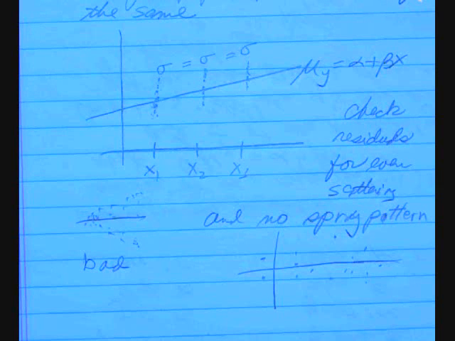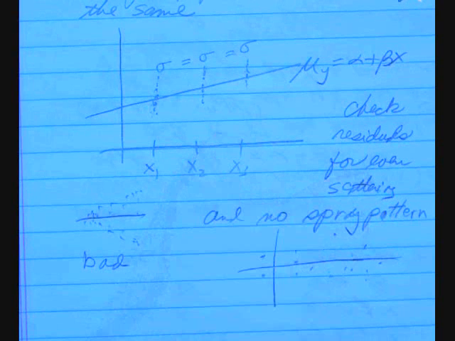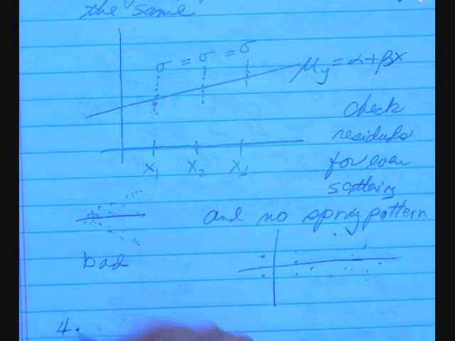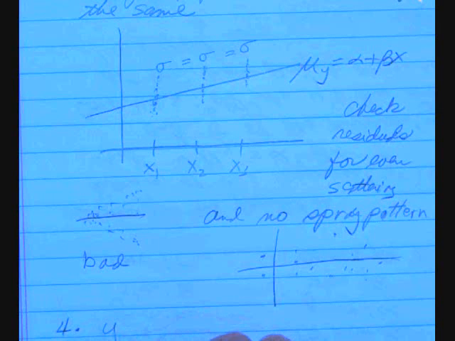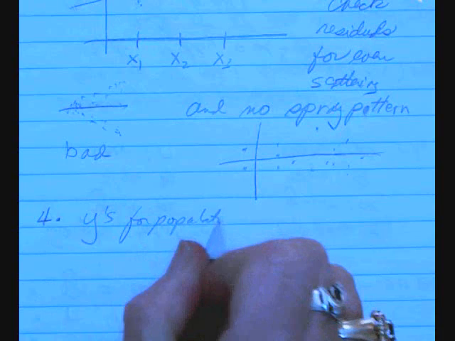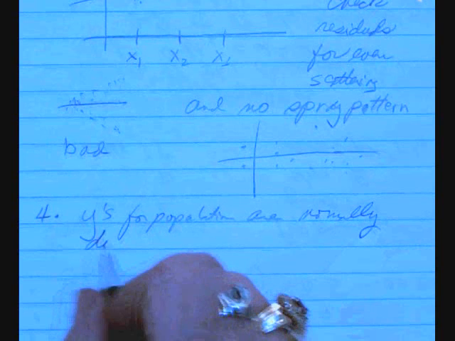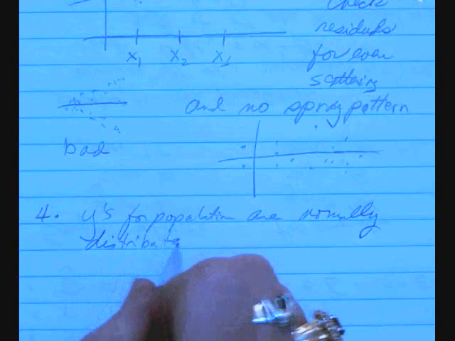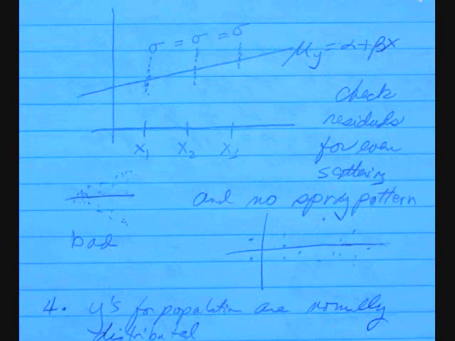Checking condition number 4. I'm going to go back to this little graph here. My condition number 4 is that all of the outputs, all the y's, all the responses are normally distributed. Conceptually, what do I mean? Let me go back to this graph and look at my responses.